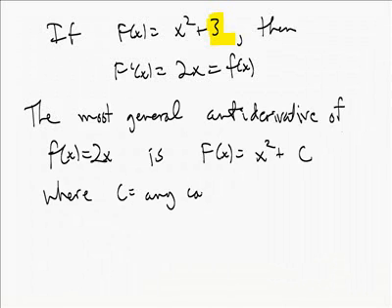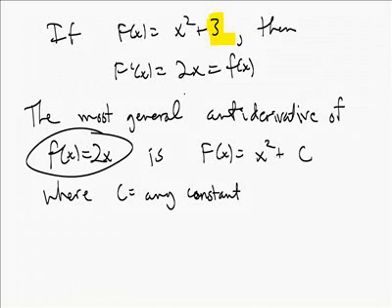No matter what c is, if we take the derivative, capital F prime, we get 2x plus 0, or just 2x, which is exactly what little f of x is. So that's the idea behind antiderivatives. You're looking for a function whose derivative is a given function.